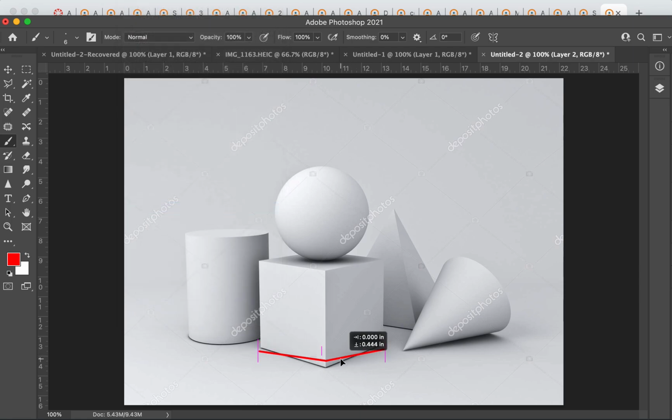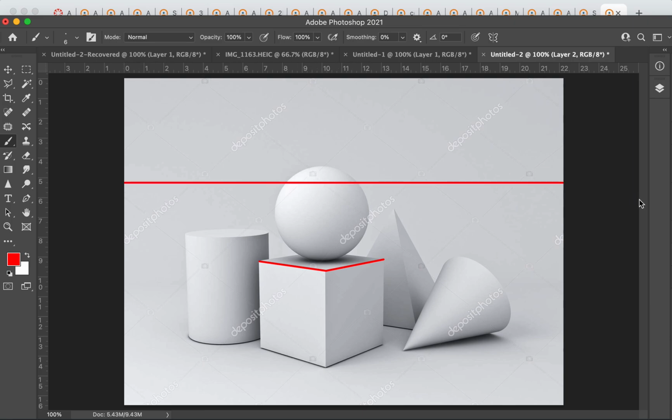Okay, so you see what's going on there, right? It's because of the principle that this surface right here is closer to your eye level, and eye level I think is going to be really close to this.